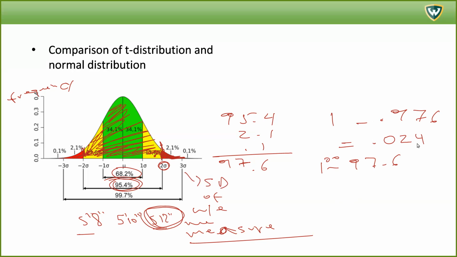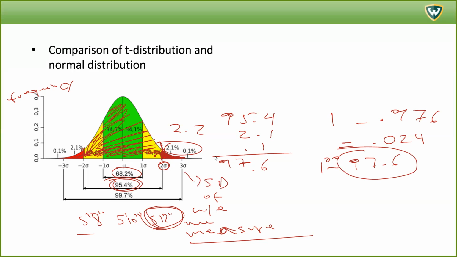So there's a 2.4% chance, and we could just sum these two numbers here, 2.2 rather. There's about a 2.2% chance of getting a person that is 5'12" or above from this distribution. And likewise, there's a 97.6% chance of... did I measure something wrong here?